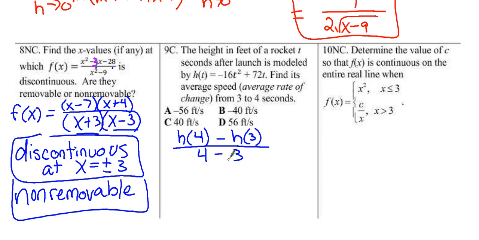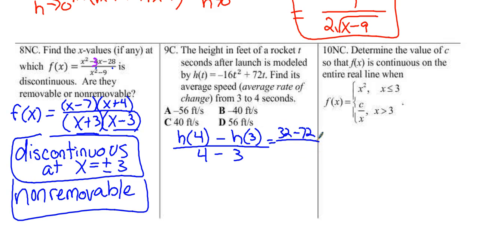So h of 4, you plug 4 into negative 16 times 4 squared plus 72 times 4. I used a calculator, and if I didn't mess up, that is 32. Then minus h of 3, plug in 3: negative 16 times 3 squared plus 72 times 3, we get 72.